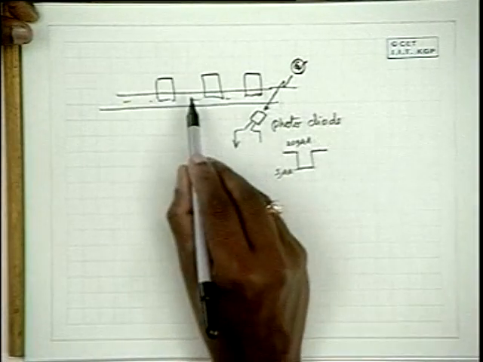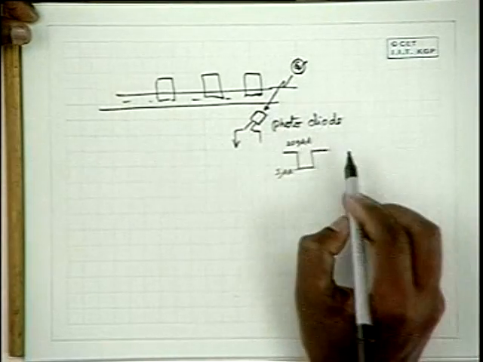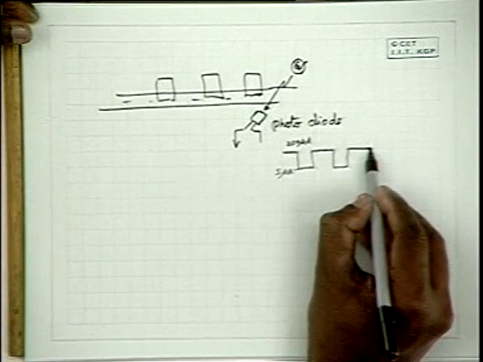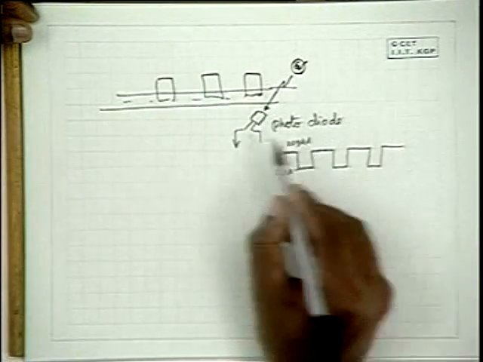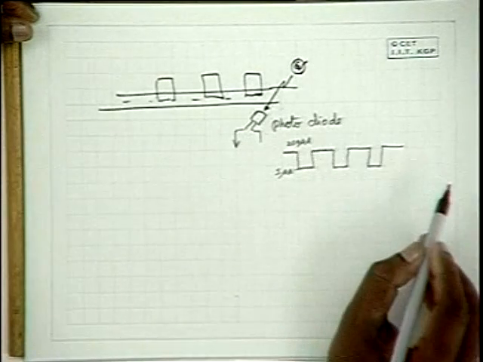So for every unit that passes, you will have a pulse of this kind generated. So the current through the PN junction diode would be like this.